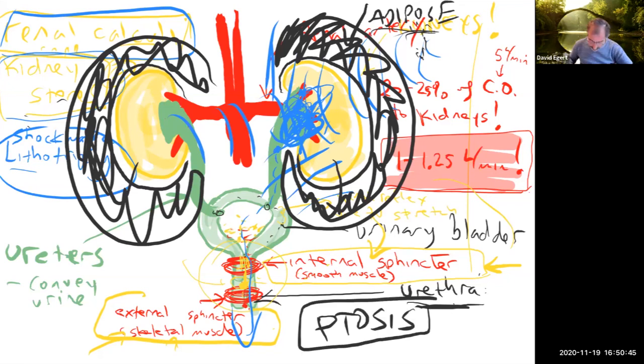The word for drooping is ptosis. I mean, your eyelid can have ptosis if something's wrong and it droops weird. But if the whole kidney drops because the fat is not adequate, you can kink off the ureter, which can be a problem as well. So that's worth thinking about.